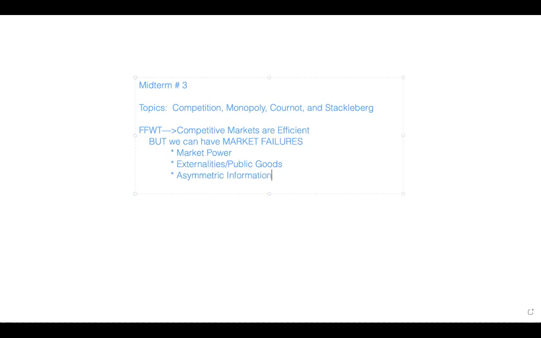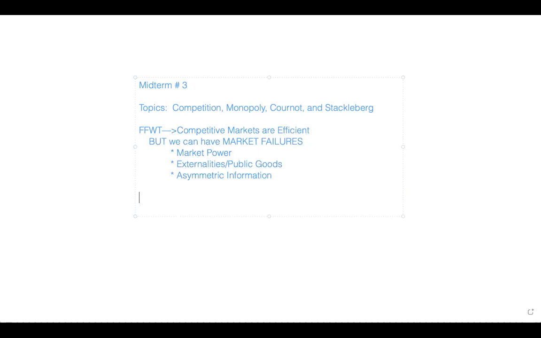So for a market to be perfectly competitive, it has to have no asymmetric information problems, no externalities, and no market power for any of the participants. So in this last section of the course, we want to illustrate with monopoly first, the existence of market power and how that causes inefficiencies.